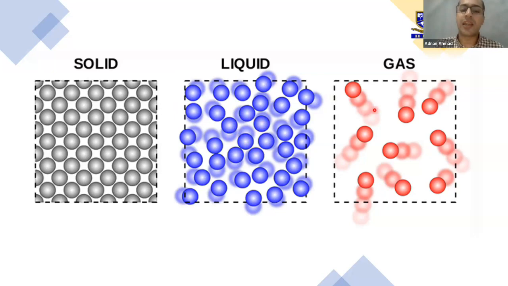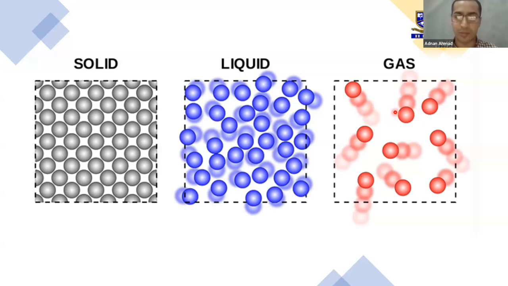So now look at gases. In gases, we have lots of space, and you can see that we have a random motion in the gas molecules. This is called Brownian motion. Okay, you can note it down. The gas molecules have vibrational motion, and they exhibit different types of motions.